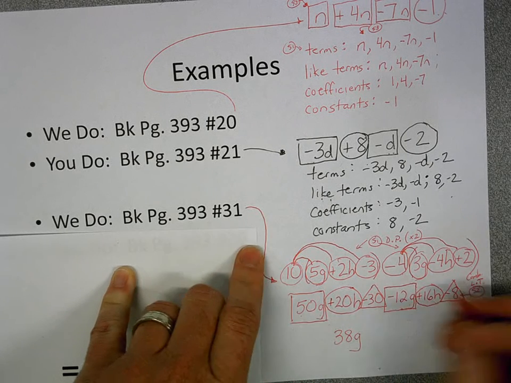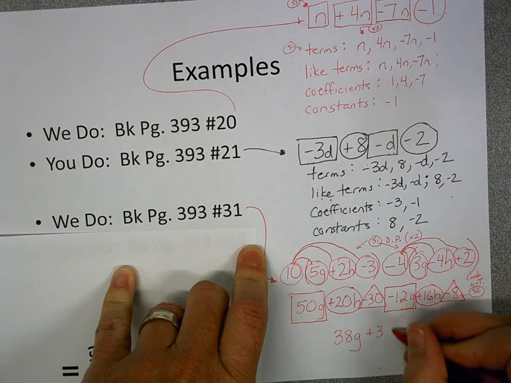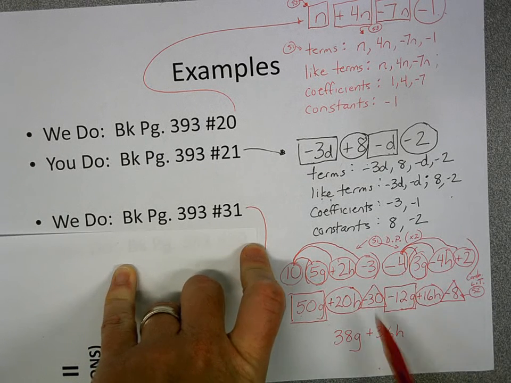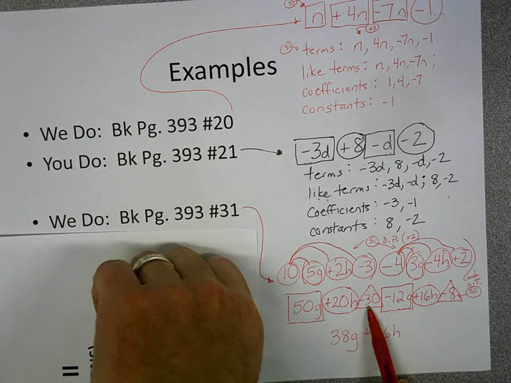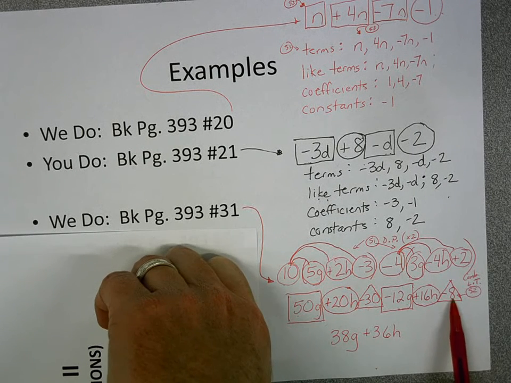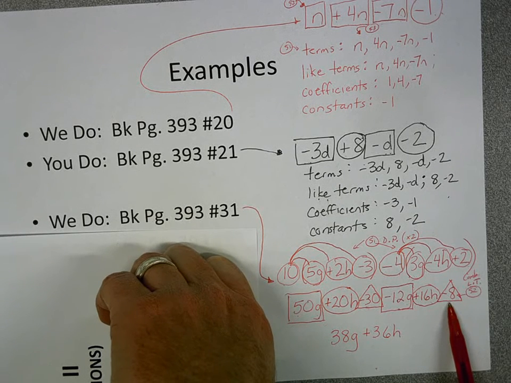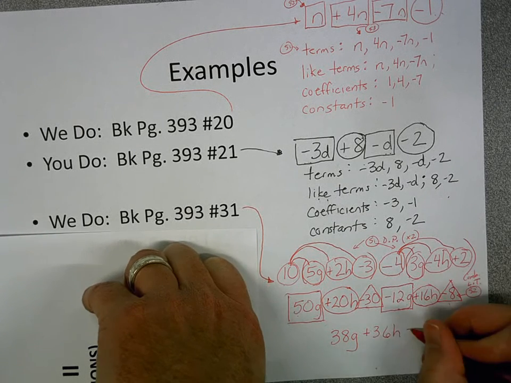So that is a positive 36h. And now my constants, negative 30 minus 8. Well, they're both negatives. I'm going to add them up, right? It's like having 30 negative tiles and another 8 negative tiles. That's a total of 38 negatives, or negative 38.